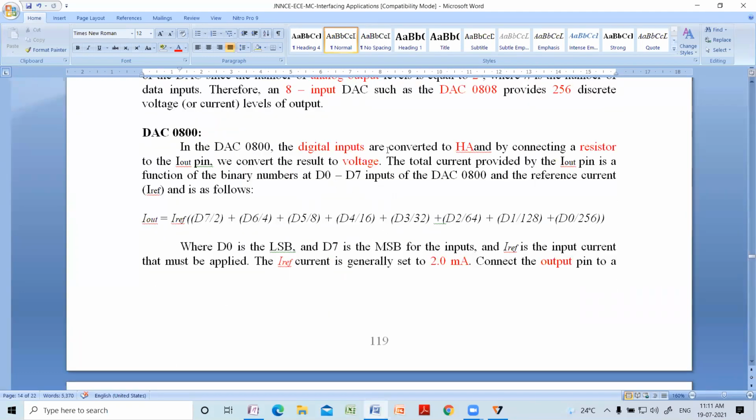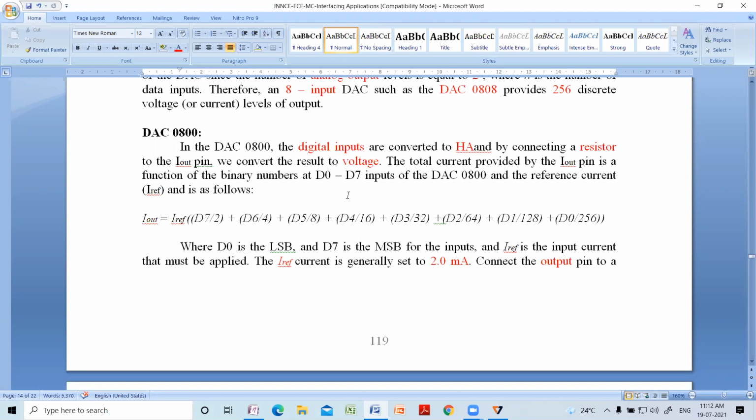So the current is converted to voltage by connecting a resistor to the IO output. Here the reference current will be 2 milliamps. And you are connecting the output pin to an op-amp with a resistor of 5K.